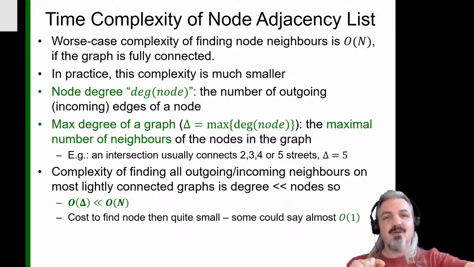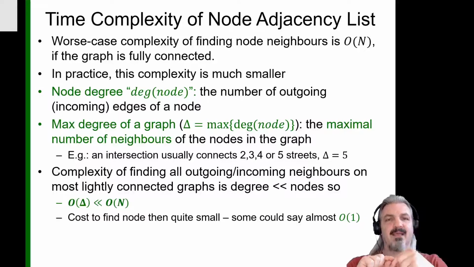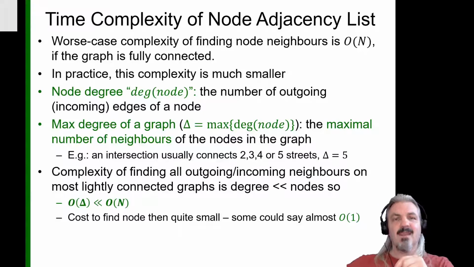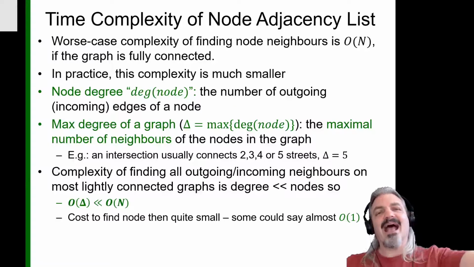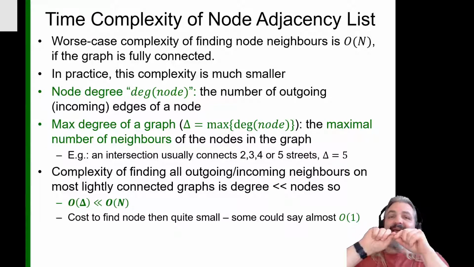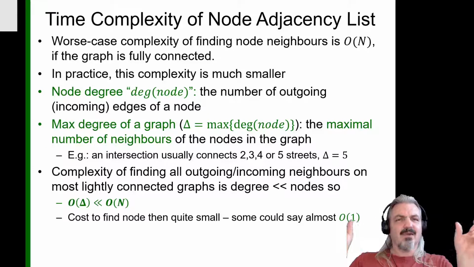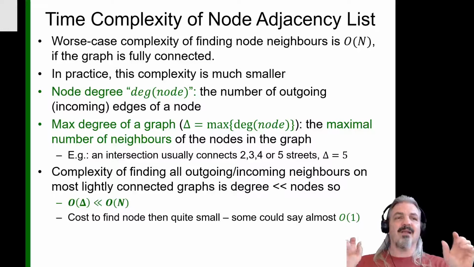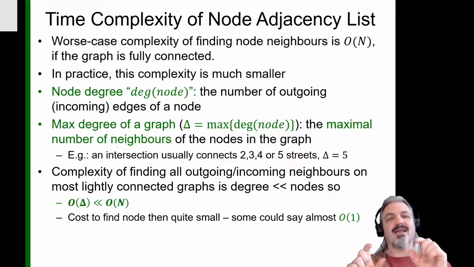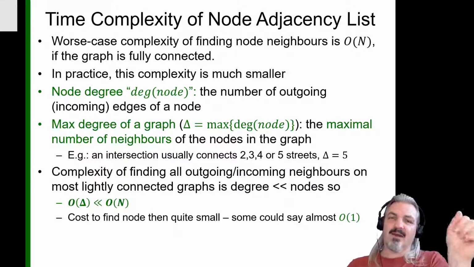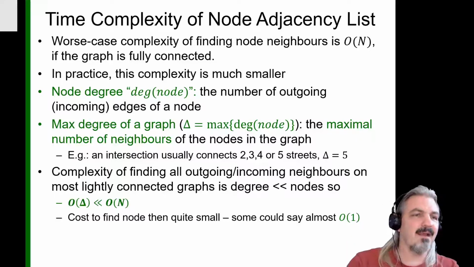So if you have a directed edge from A to B and I have one from B to C, B would record that A has an incoming and C has an outgoing. Okay, so that's why I'd need two lists. I wouldn't just have I'm connected to these people. I would have I've got a directed edge from that person to me. And so I'd have two lists, one of all the ones that are going out and one of all the ones coming in.